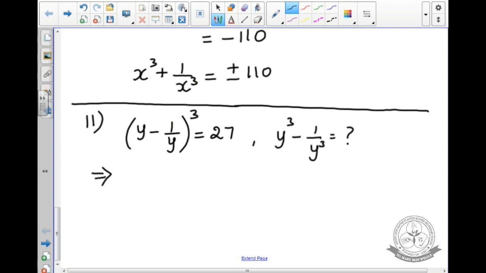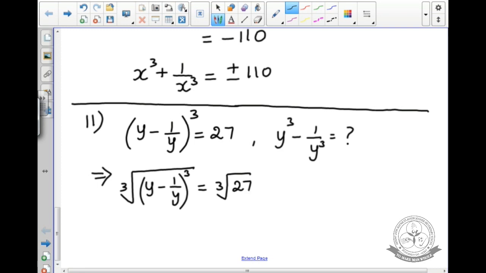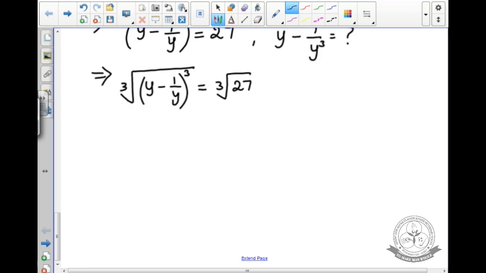The cube root of y minus 1 by y whole cube is equal to the cube root of 27. The cube root and the power will be cancelled, so you will get y minus 1 by y.